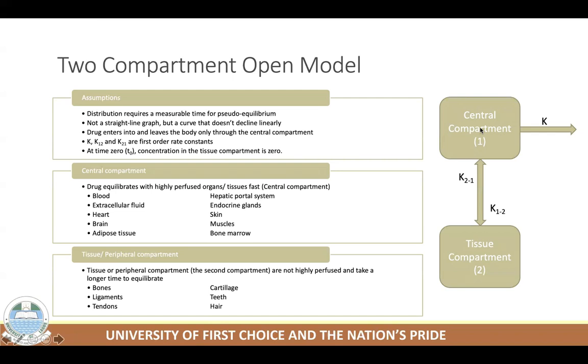Of course, we expect that at the early phase, when the tissue compartment is less concentrated than the central compartment, K1 to 2 will be faster, until the tissue compartment is saturated, and then there will be equilibrium between particles moving back into the central compartment and those moving from the central compartment to the tissue compartment.